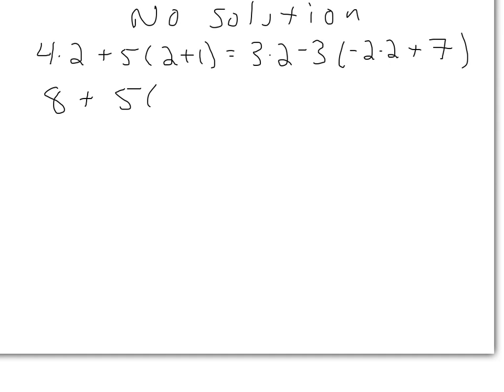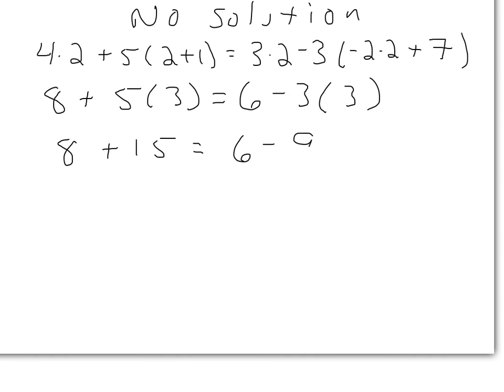So I've got 5 times 3 equals 3 times 2 is 6. Minus 3, I'll do what's in the parentheses again. Minus 2 times 2 is negative 4. Plus 7, that's 3. So 8 plus 15 equals 6 minus 9. So 8 plus 15 is 23. 6 minus 9 is negative 3. That just doesn't make sense.